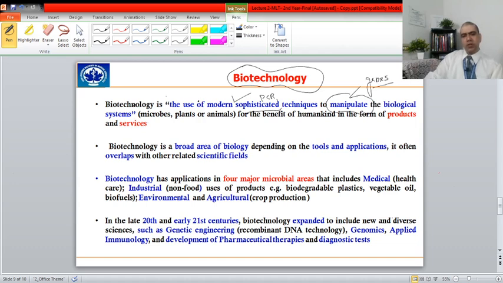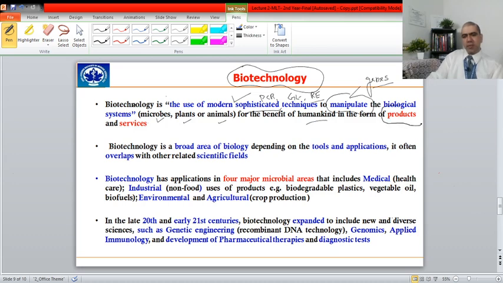So biotechnology is the use of modern sophisticated techniques like genetic engineering, and restriction enzymes which you use in cutting up the DNA, to manipulate the genes in different biological systems. It can be microbes, plants, animals, or it can be us, for the benefit of humankind in the form of products and services.